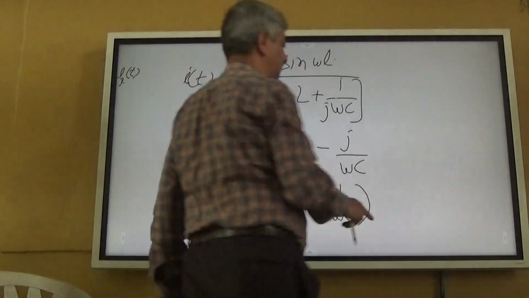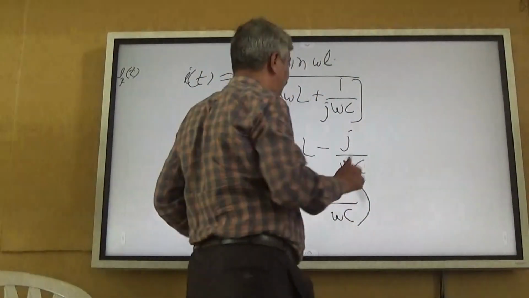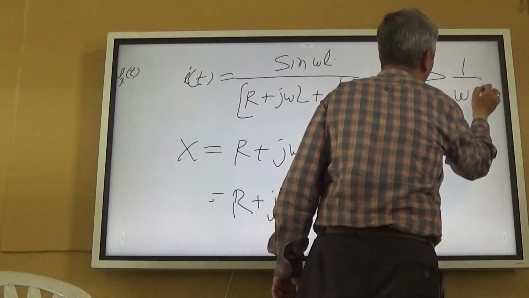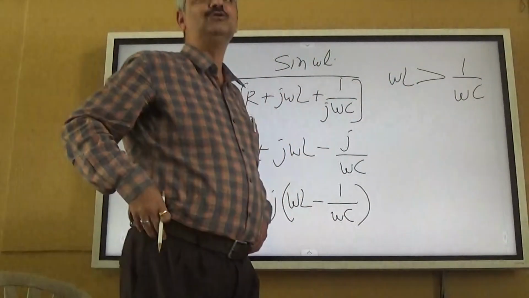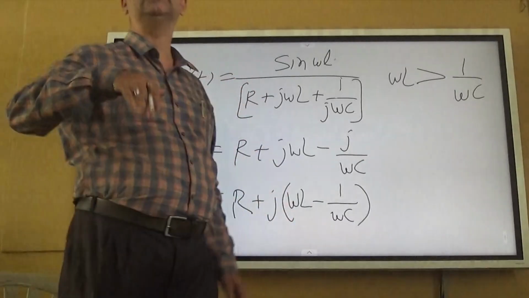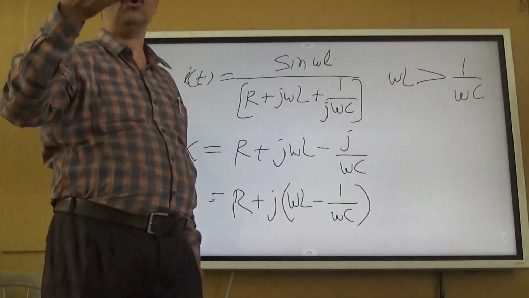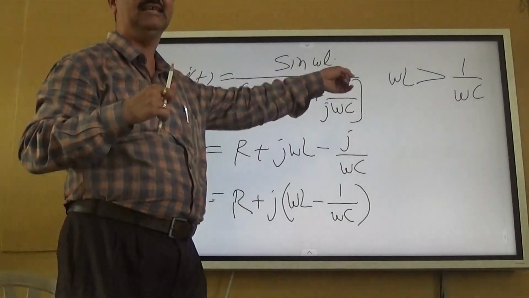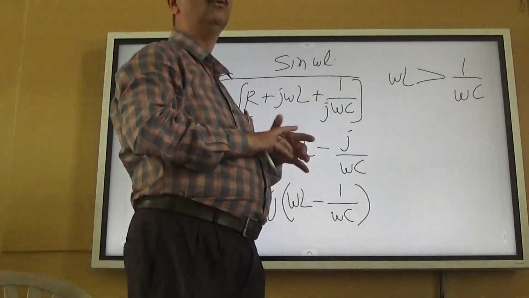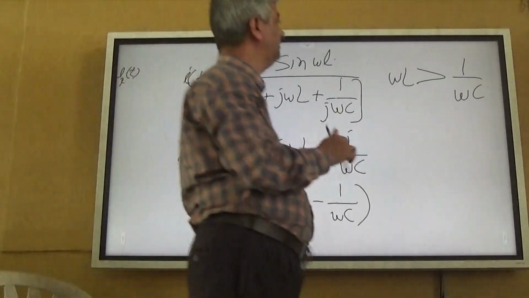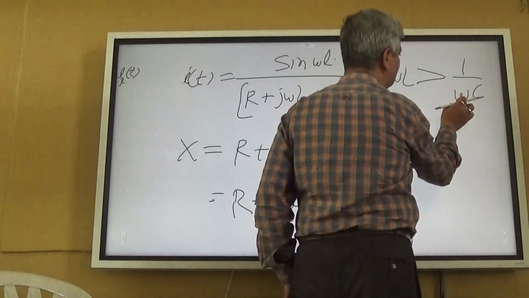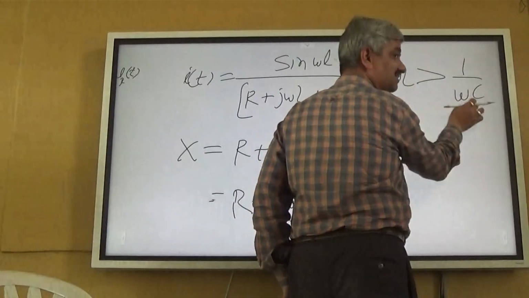How? If omega L is greater than 1 upon omega C, what does it mean? It would be positive imaginary. So omega L greater than 1 upon omega C means what? I multiply this omega on this side and this L on this side.